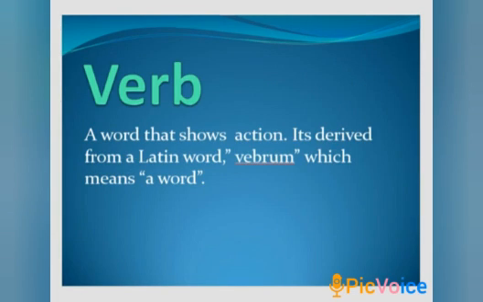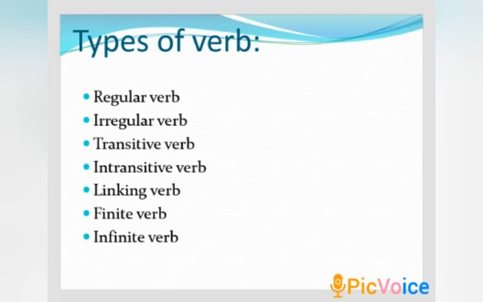What is a verb? A word that shows action is called a verb, and it is derived from a Latin word, verbum, which means a word. So any action word is called a verb. Now look at the types of verb.